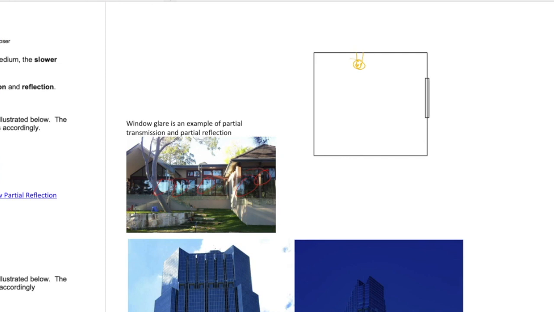For the light bulb, I'll use this orange. The light bulb is producing a relatively small amount of light compared to the sun. Only a small amount of that light passes through and reaches the observer's eye, and the rest of it is reflected inside. So whoever's inside will see a little bit of reflected glare off the windows.